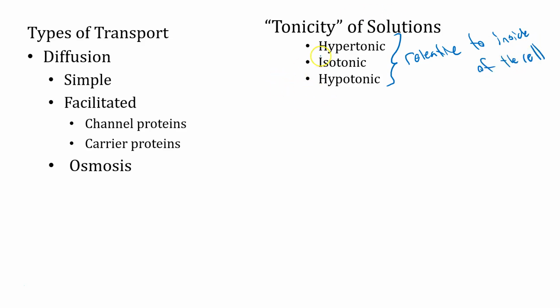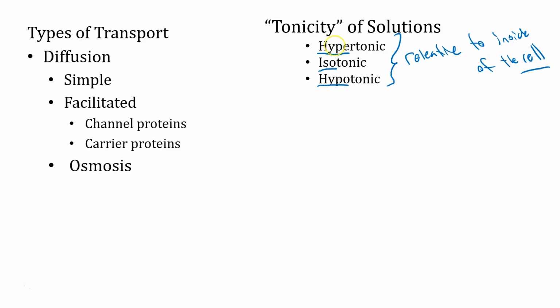So here's what the words mean. Hyper means above, iso means the same, and hypo means below, right? Then the word tonic, we said, refers to the saltiness. So a hypertonic solution is a solution of liquid that is more salty than the cell.